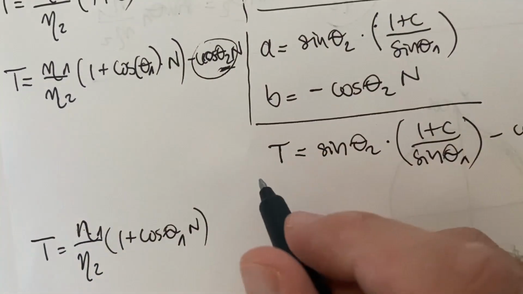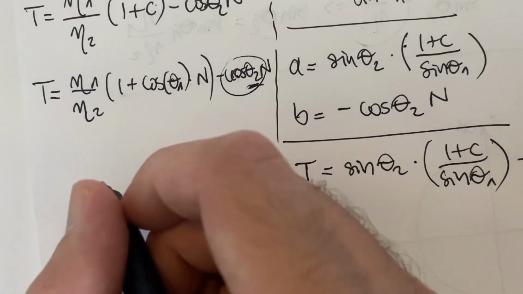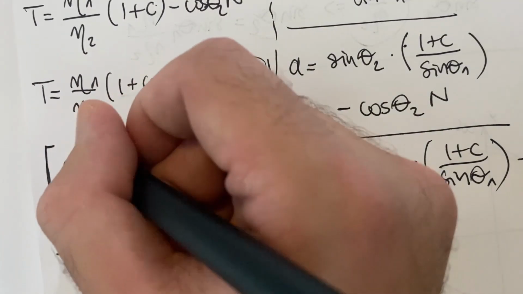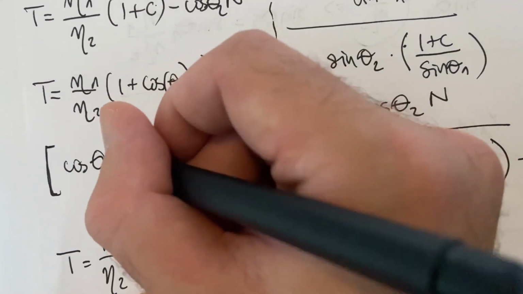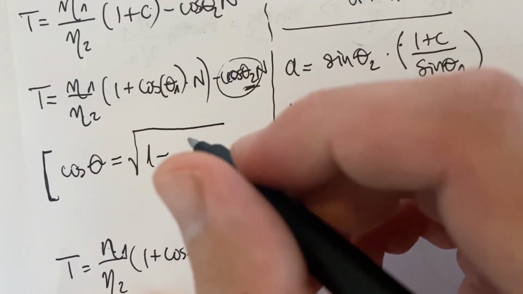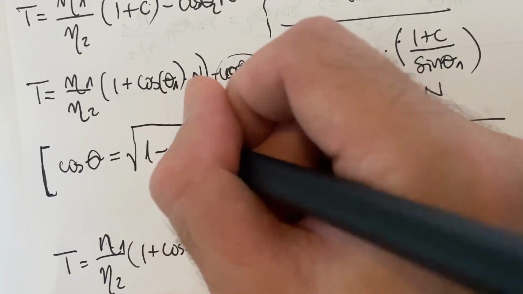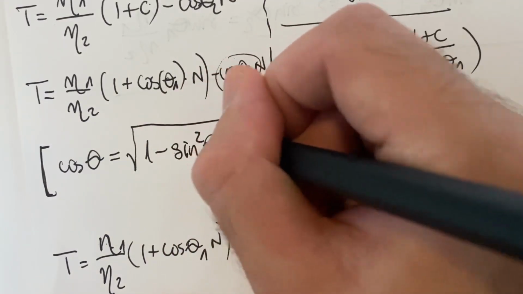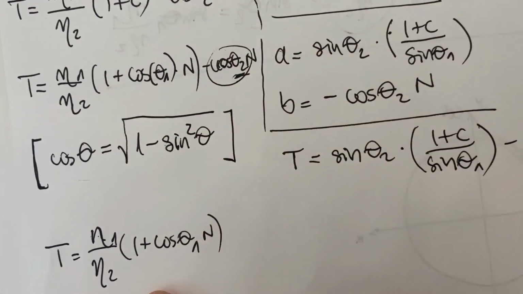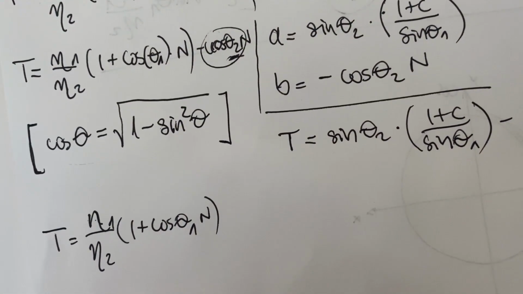First, the trigonometry identities teach us that, let's write it here, the cosine of an angle, we can name it theta, is equal to the square root of 1 minus sine theta squared. That's the trigonometry over there. It's basic, and I'm not going to be explaining this one.